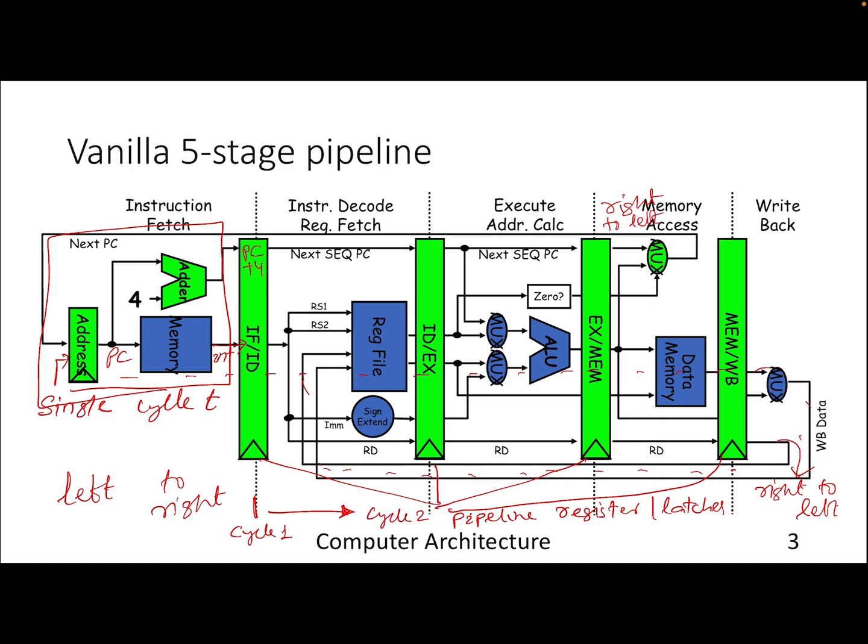In cycle 2, the first instruction will start doing the register read operation and instruction decoding based on the opcode, sign extension and other stuff, right? In the meantime, a new instruction comes into the picture. Let's say instruction 2 has entered the pipeline.